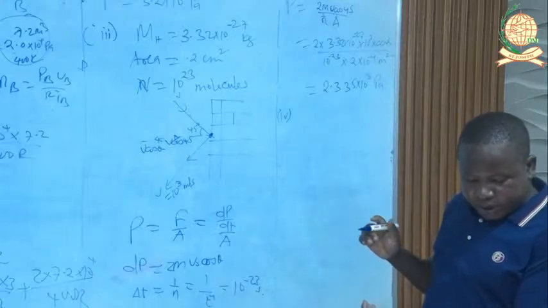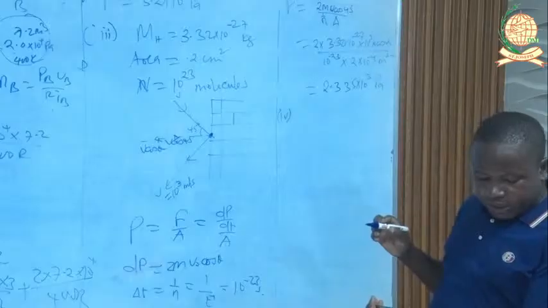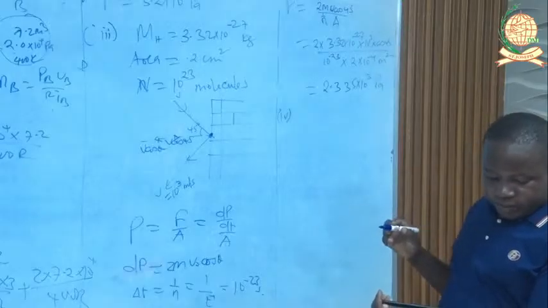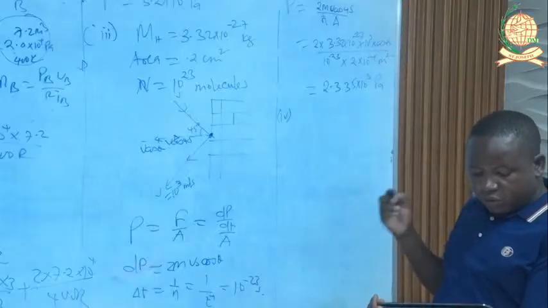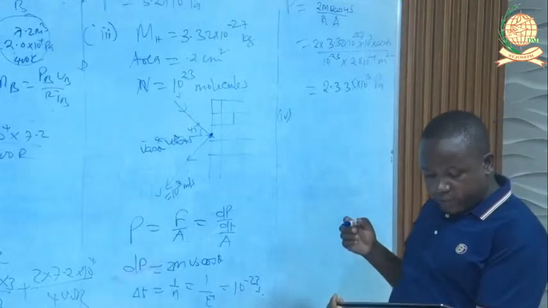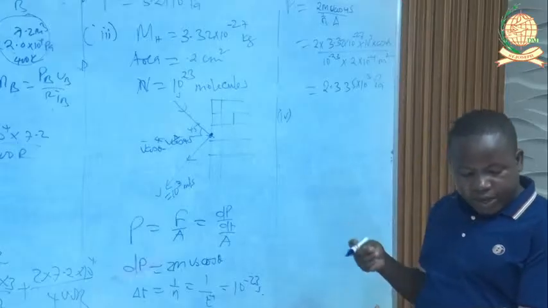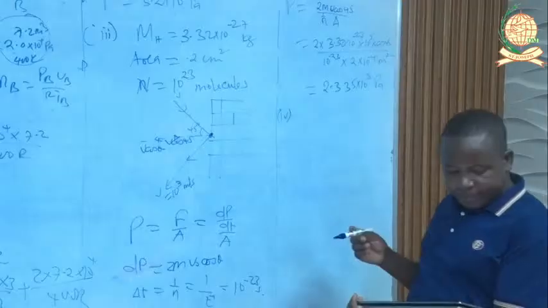At what temperature will the root mean square speed of a hydrogen molecule be double its value at STP?